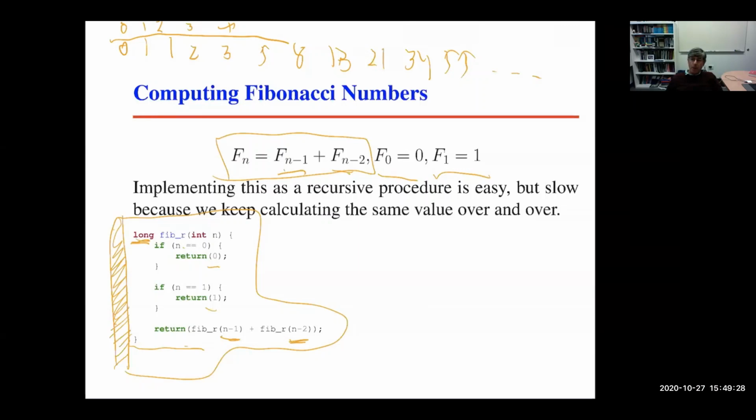By the time you get to fib of 60 or something like that, the size is going to be too big to fit in a 32-bit integer or maybe even a 64-bit integer. And so that's why I wanted the longest integer that my programming language lets me have. That's why I said long instead of int. Okay? Any other questions?